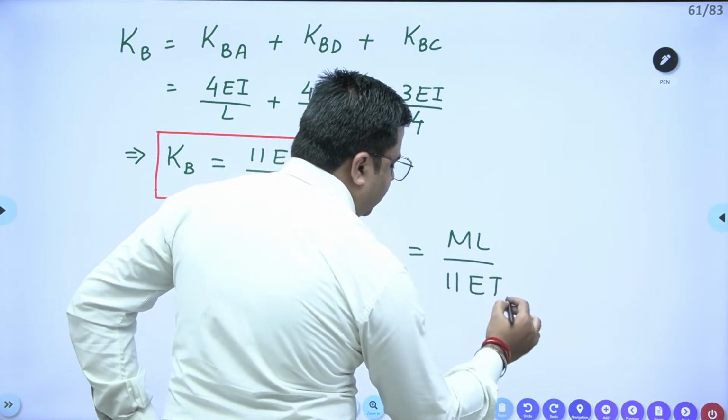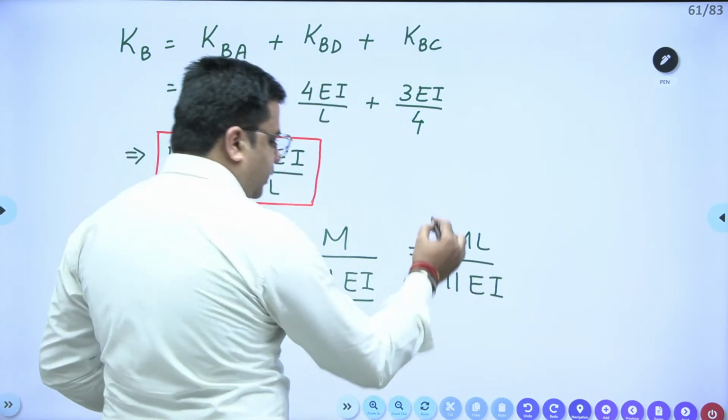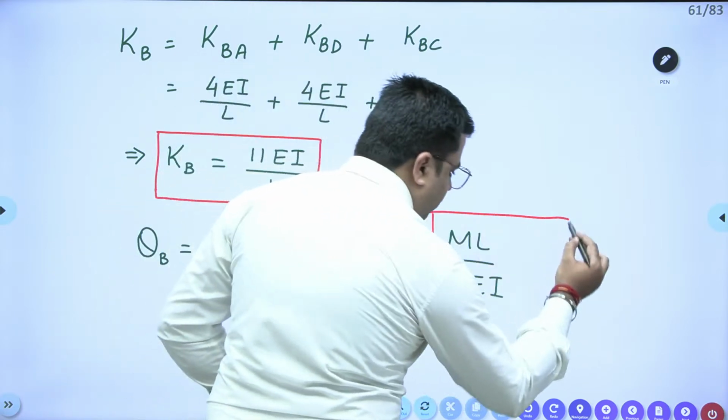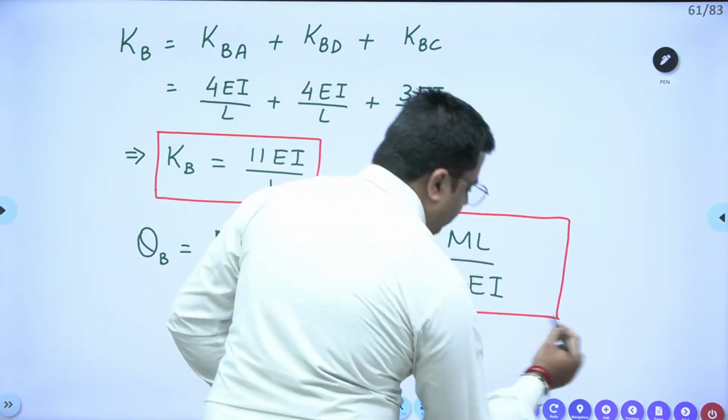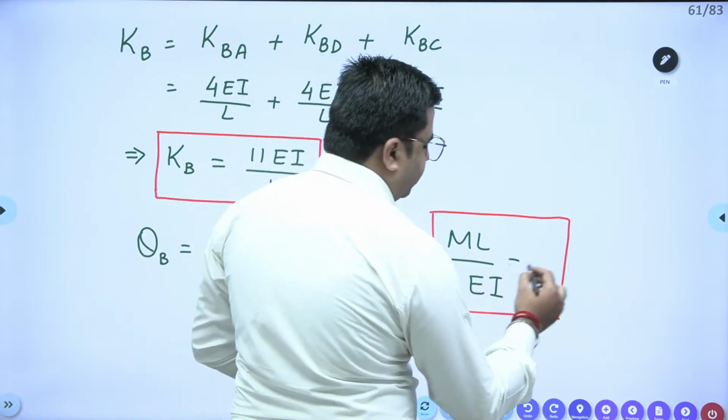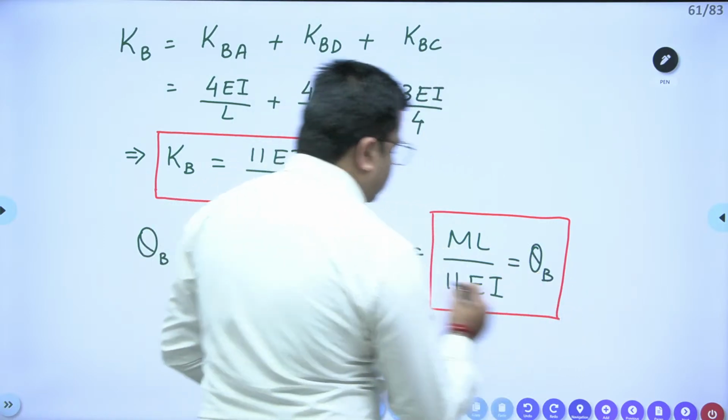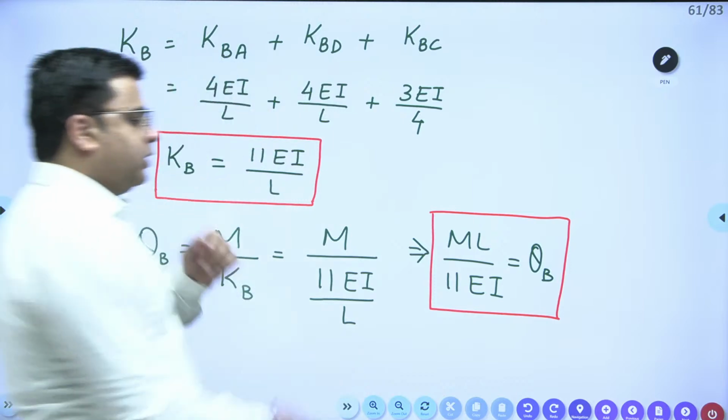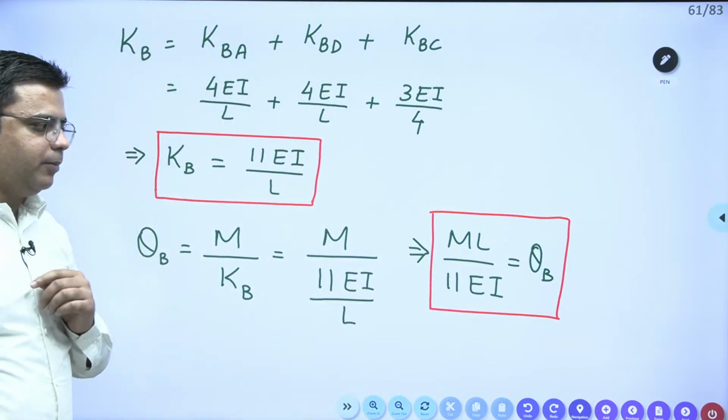This is theta B, the rotation of joint B, that is ML upon 11 EI.